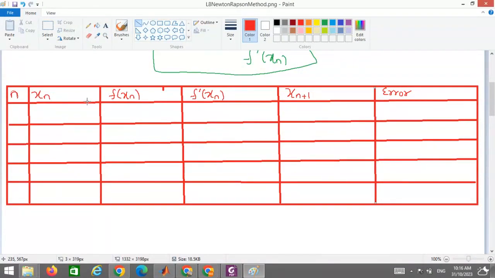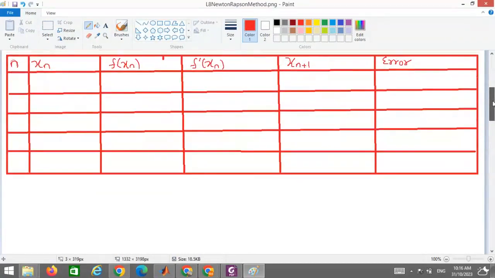Okay, so now let us fill this table with the help of our calculations. It is given that f of x is equal to x cube minus x minus 1. Now we will find the derivative of f of x. This is f dash of x.